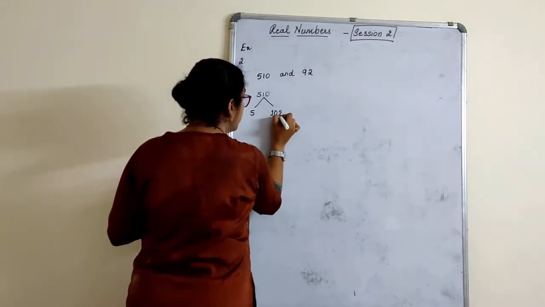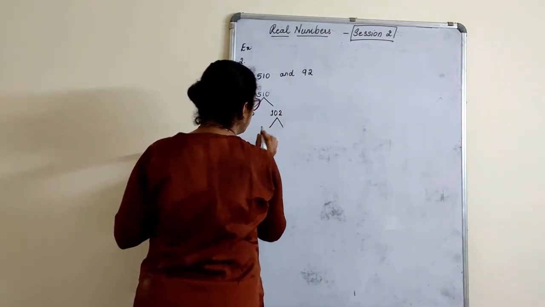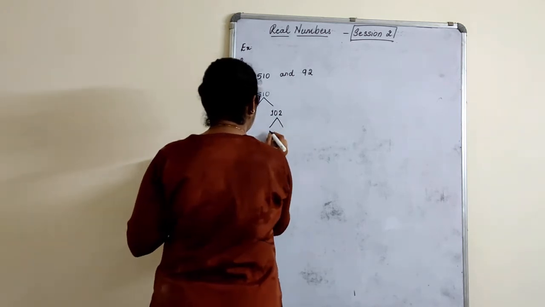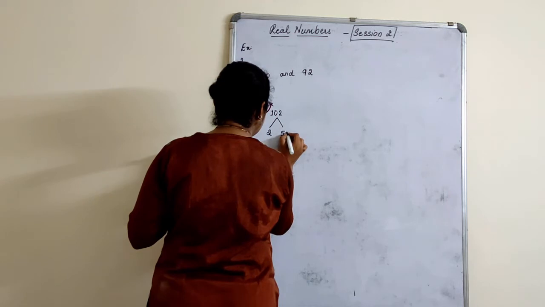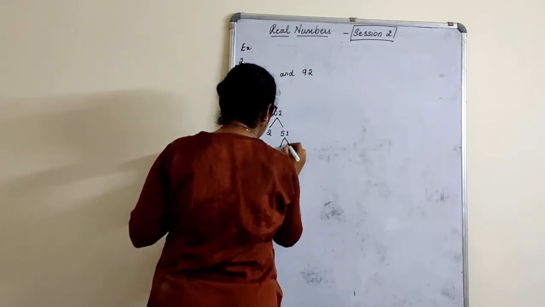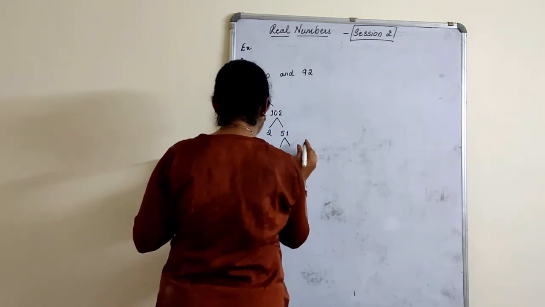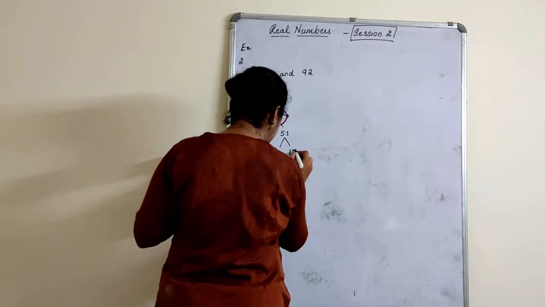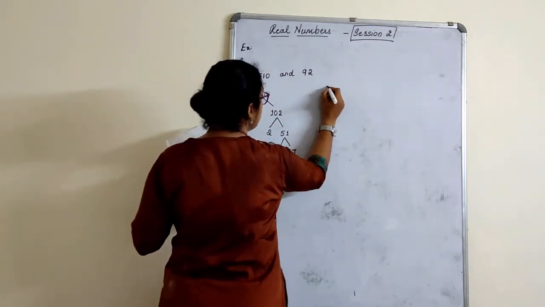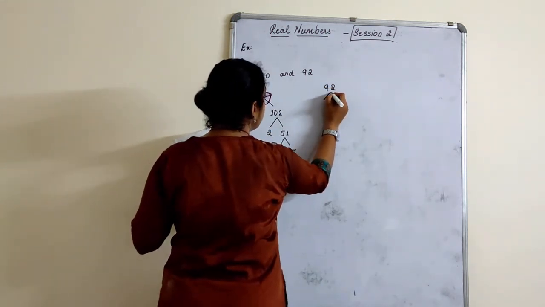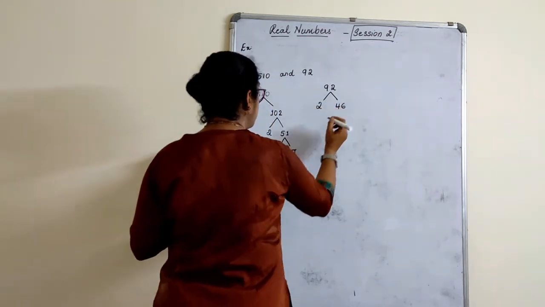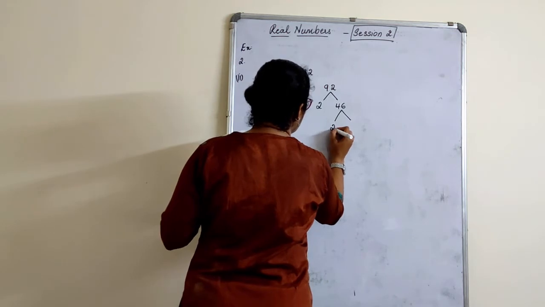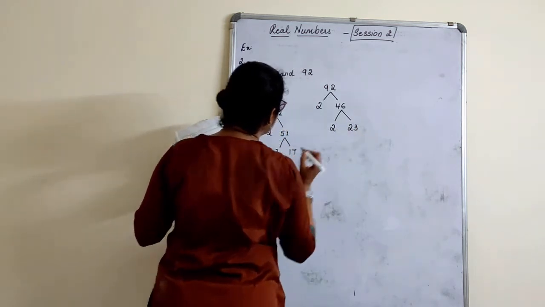So 102, when we have, we can again write this as 2 fives are 10, 2 ones are. Then we have 3 ones are 3, 3 17s are 51. Similarly, 92, when you write, you start with 2, 2 4s are 8, 2 6s are 12, 2 2s are 4, 2 3s are 6.